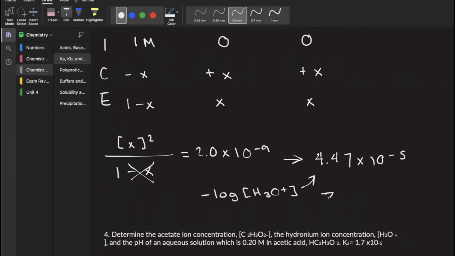So if we just do the negative log of this number, we find that the pH of this acid in this situation is 4.35, roughly.